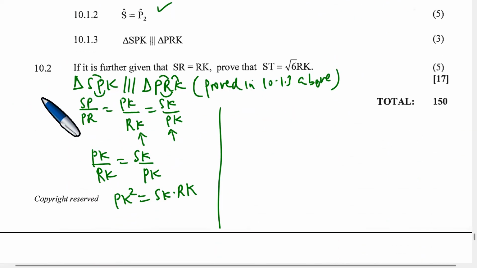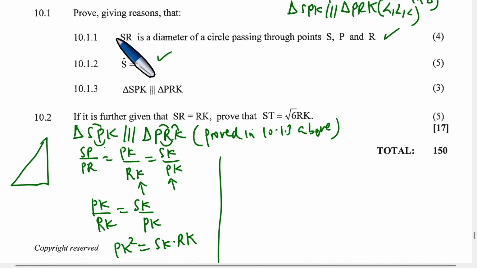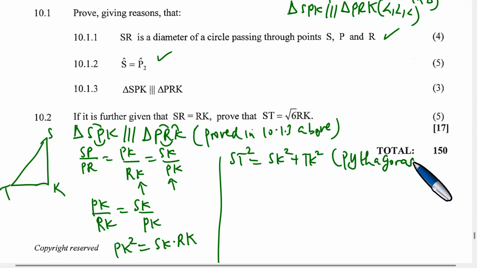So we say ST squared is equal to SK squared plus TK squared, and the reason for this is Pythagoras.